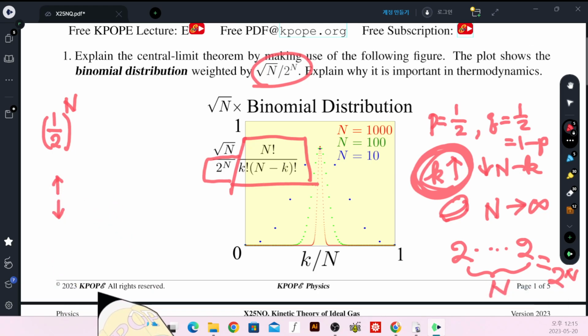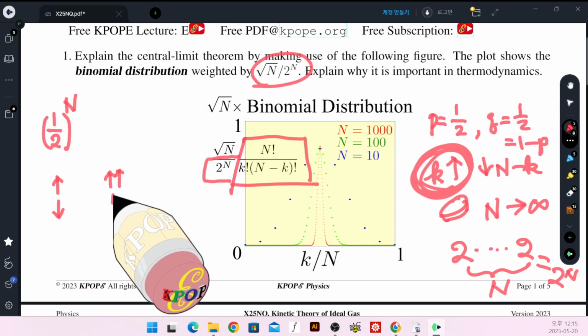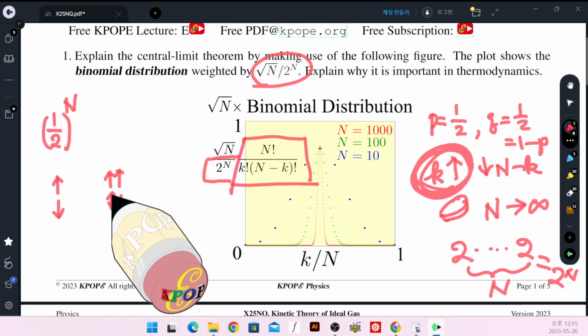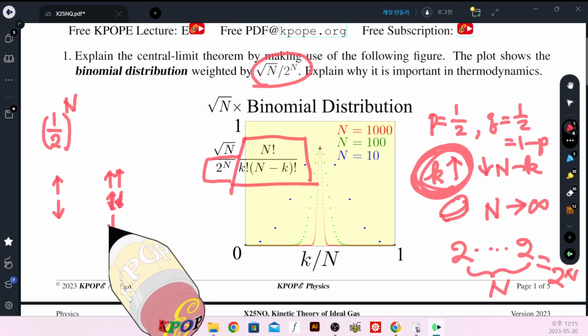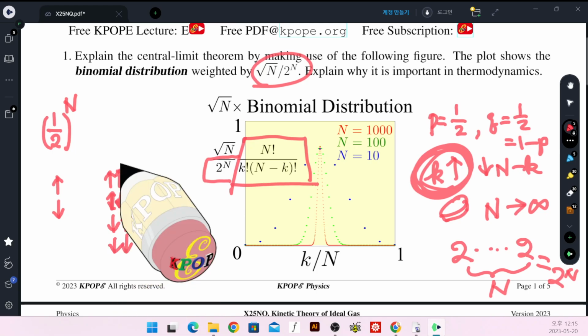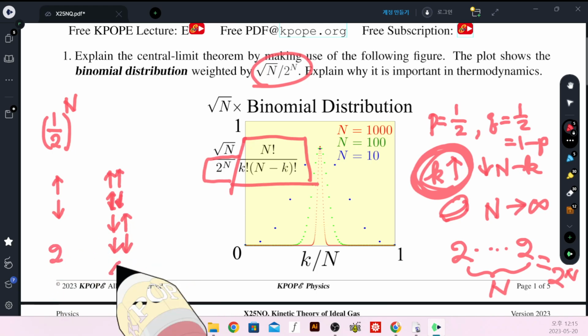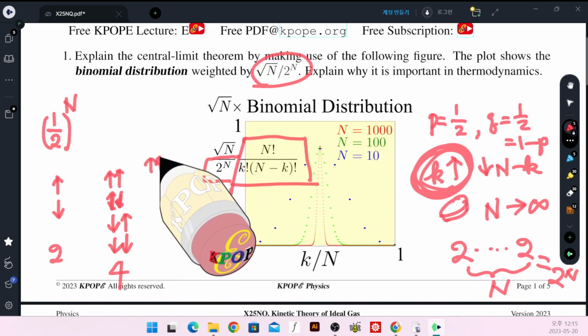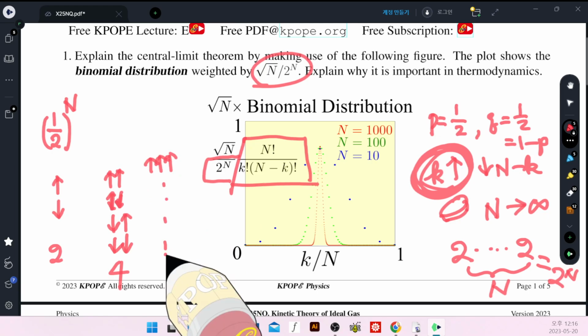If you try twice, up, down, up, down, and down, up, and down, down. 4 cases. So 2 cases, 4 cases, and 3, up, and so on.